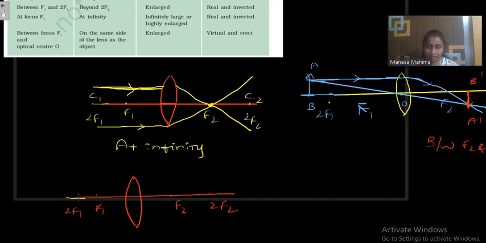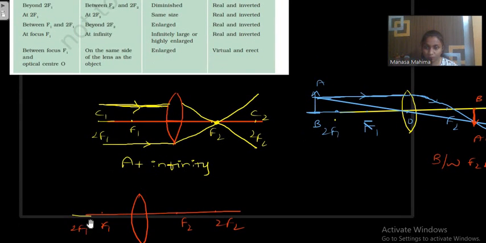First we have to take the position of the object. Where? We have to take it at 2F1. If the object AB is at 2F1, how will the image be? That we need to find out.